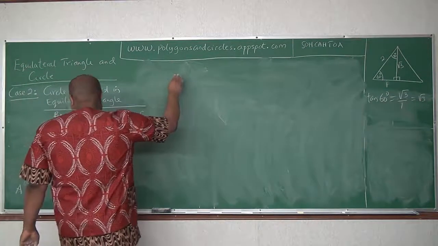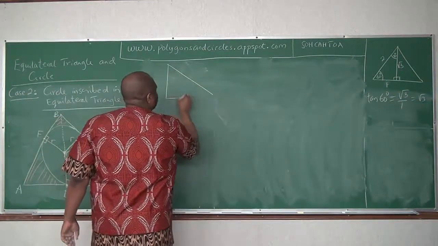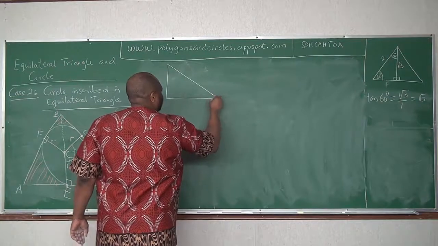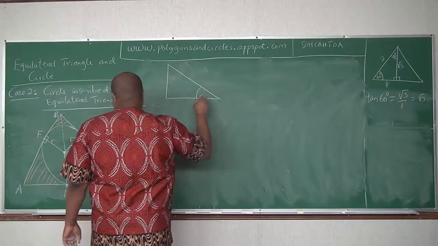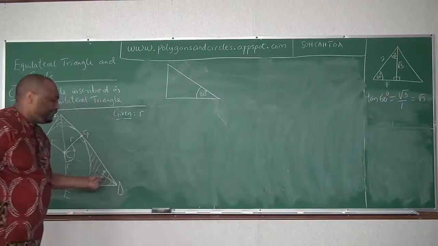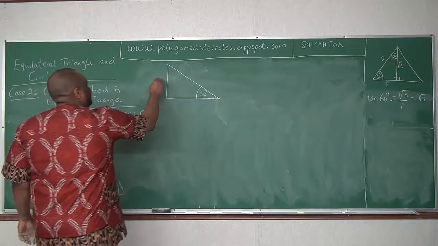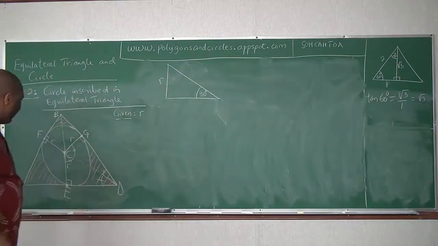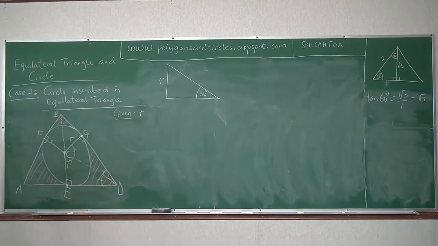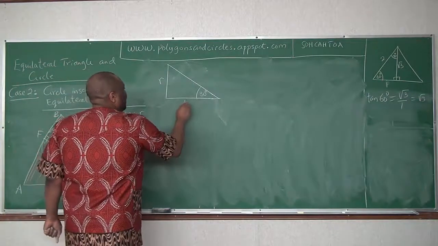So we have something that looks like this actually, folks. This here is 30 degrees because the whole of here is 60 degrees and this bisects it. So it's 30 degrees. This is our radius r. And this is b over 2, the base.